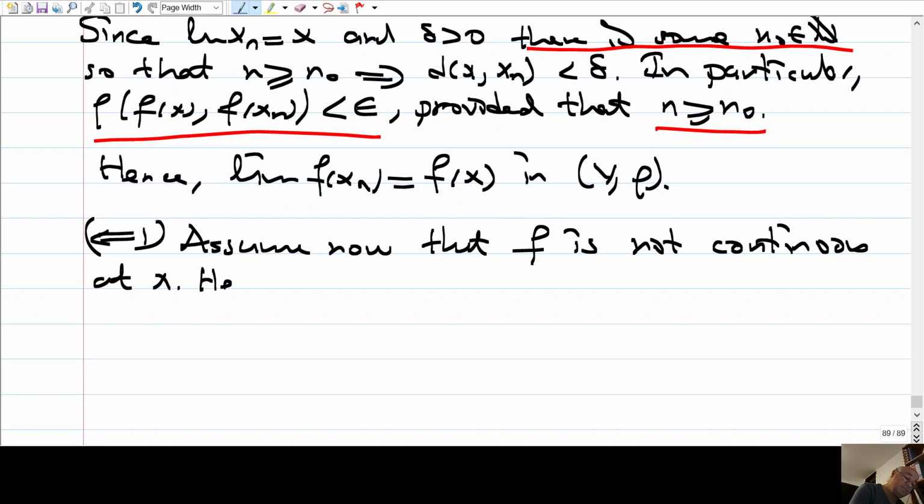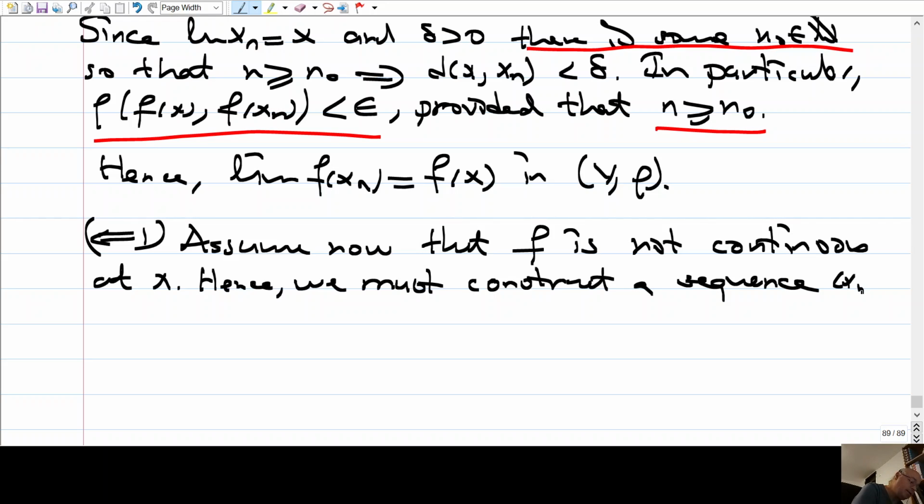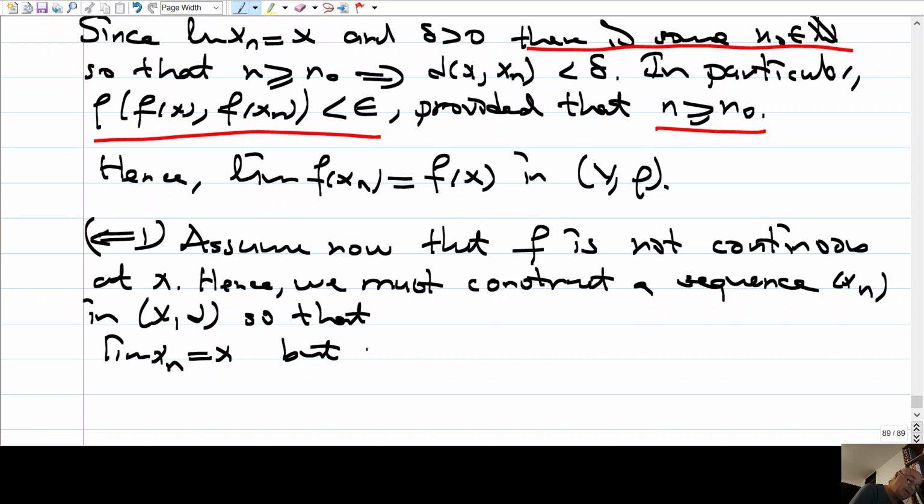Hence, we must construct or find a sequence xn in X so that the limit of this sequence will be x, but the limit of f of xn will not be f of x.